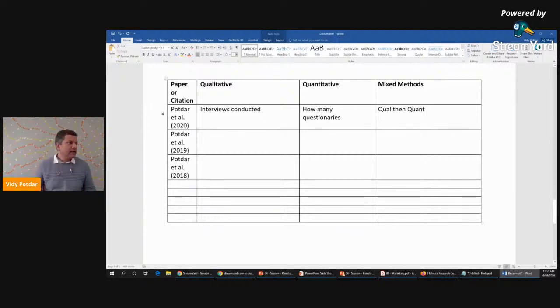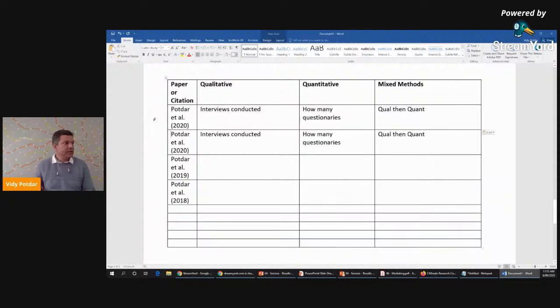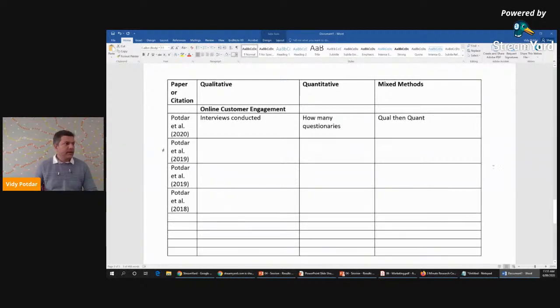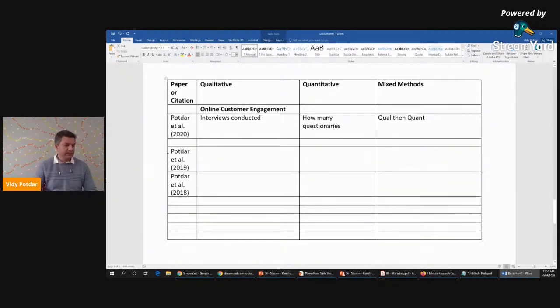You can also keep those divisions, the categories, here. For example, online customer engagement was one category, and we had direct marketing as one category, and then another way.